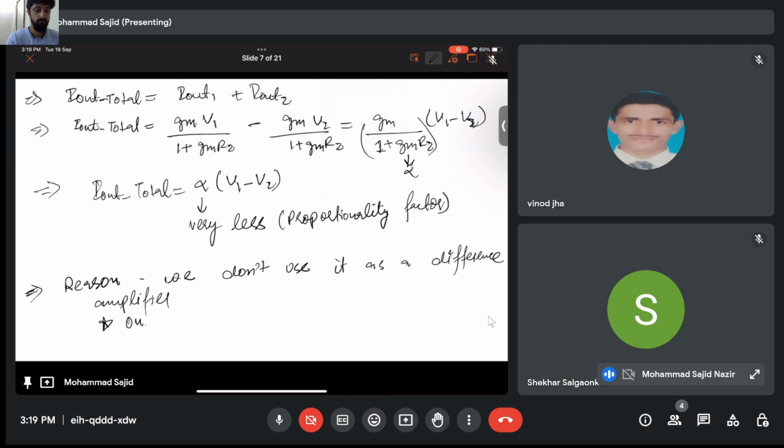One of the inputs is loaded. Loaded means the current is flowing through that branch.